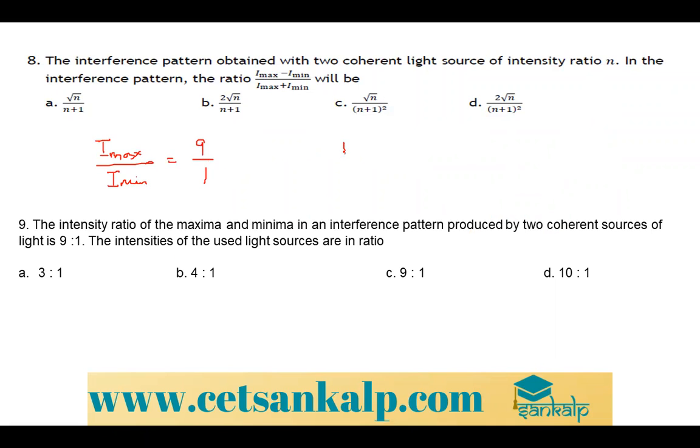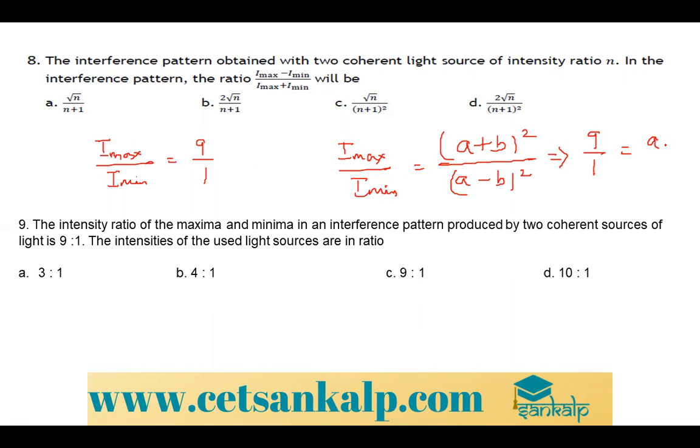Okay, you have the formula I max by I minimum is equal to a plus b the whole square divided by a minus b the whole square. If I solve that, 9 by 1 is equal to a plus b whole square by a minus b whole square. Taking the root, it becomes 3 by 1 is equal to a plus b by a minus b.